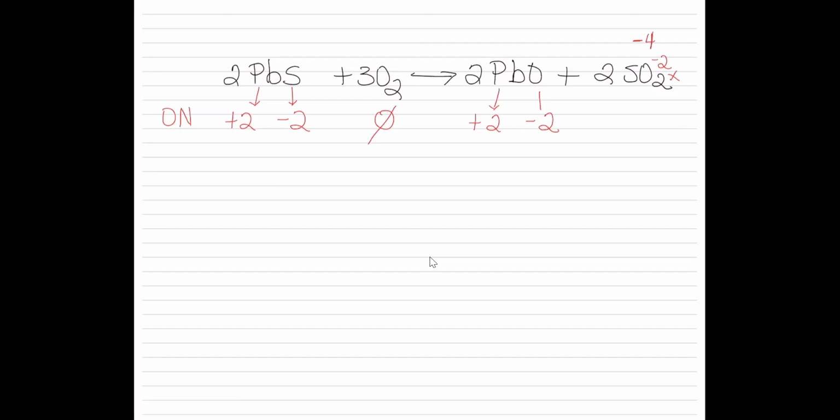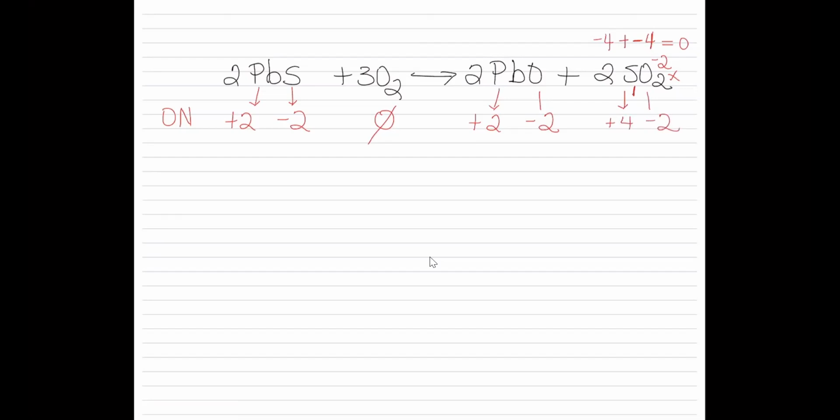Since this molecule overall doesn't have a charge, the addition of the oxidation numbers must equal 0. Since sulfur in sulfur dioxide has a subscript of 1, its oxidation number must be +4. So sulfur is +4. Our oxygen is -2.